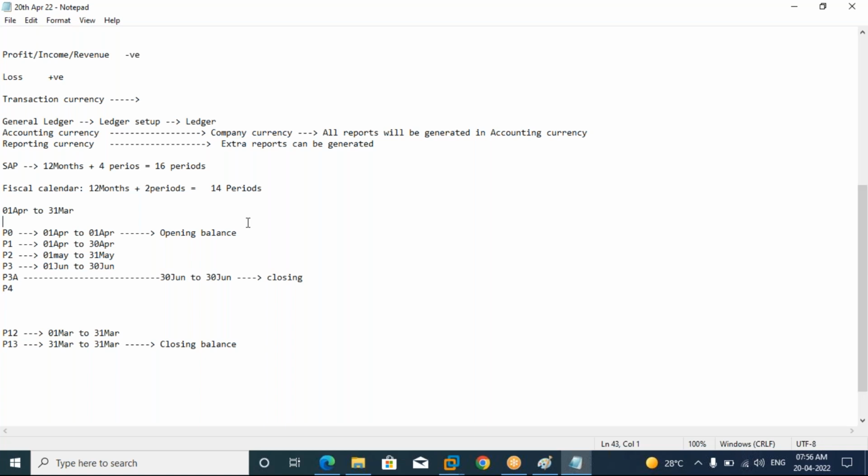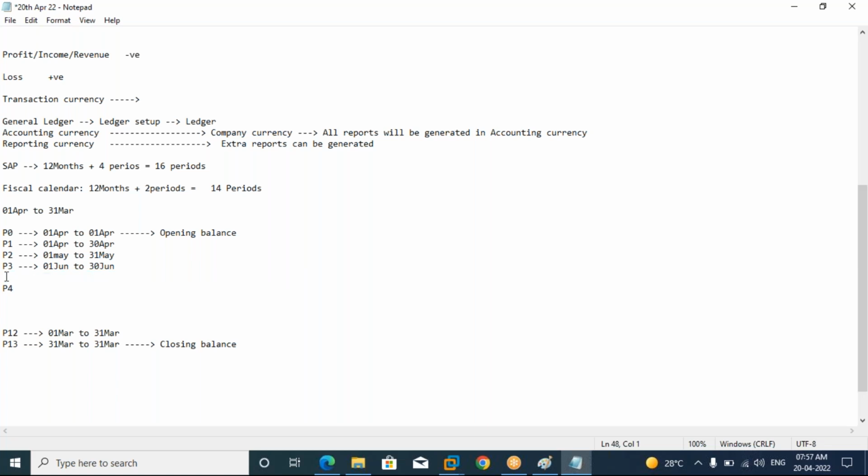What is the necessity of creating additional periods, sir? In general, it is not required. Suppose you are consolidating between two companies, one in India and one in USA, and I want to consolidate from 30th to 31st December. At that time it is required.